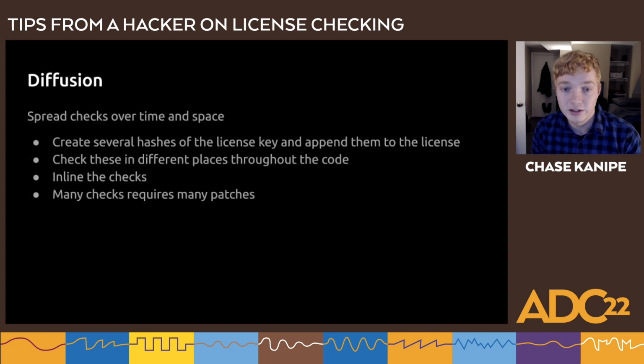You're going to want to inline these checks so that there isn't a single place that is being referenced by all the different checks. And this will ensure that all the checks require their own patches, which creates a lot more work for the cracker.